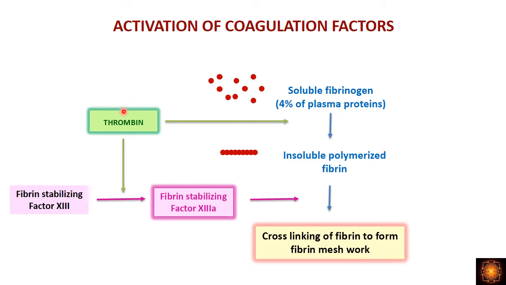So directly the thrombin will not convert it into the fibrin meshwork. Thrombin will convert the soluble fibrinogen into insoluble polymerized fibrin. Then later on we have the factor 13A, which plays an important role in forming the cross linkages between the fibrin, forming a fibrin meshwork.